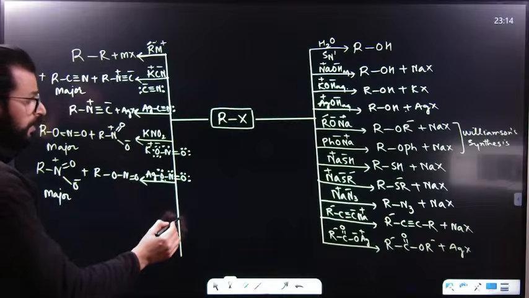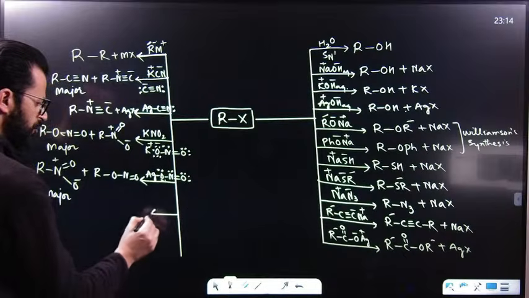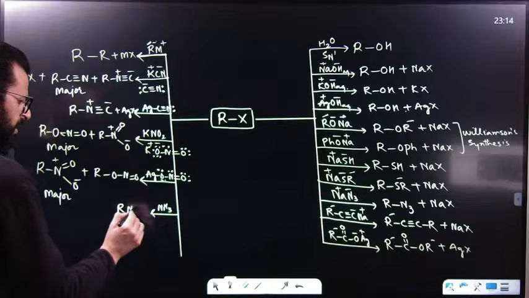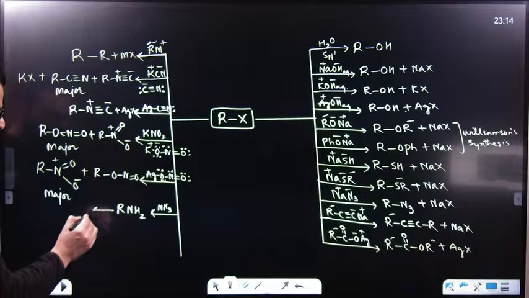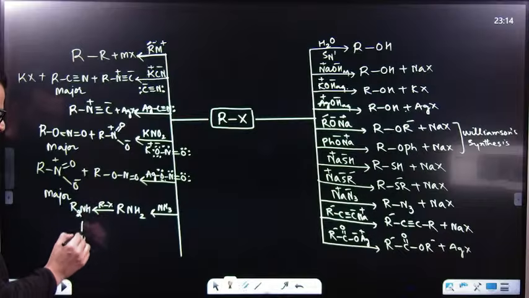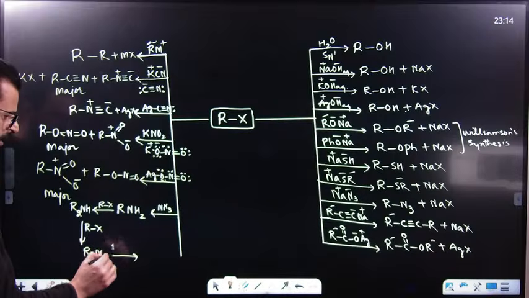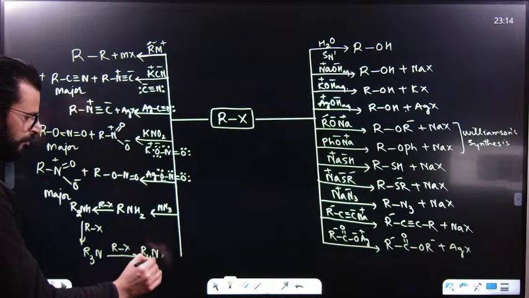If another reaction takes place, say for example with NH3, it will first form primary amine. But when primary amine further reacts with alkyl halide, it will result in the formation of secondary amine. When this secondary amine further reacts with alkyl halide, it will result in the formation of tertiary amine. Tertiary amine on treatment with alkyl halide results in the formation of quaternary ammonium salt.